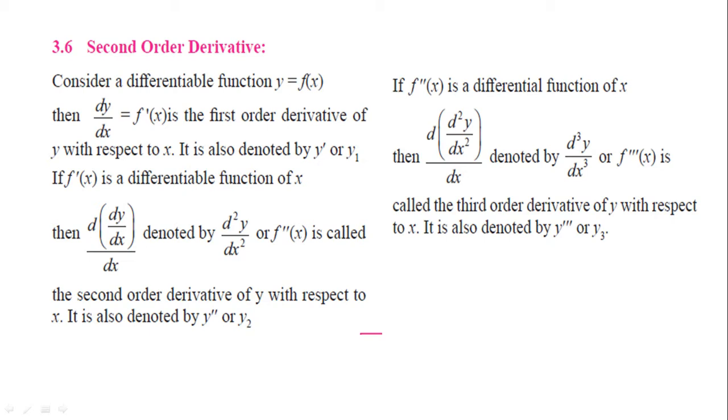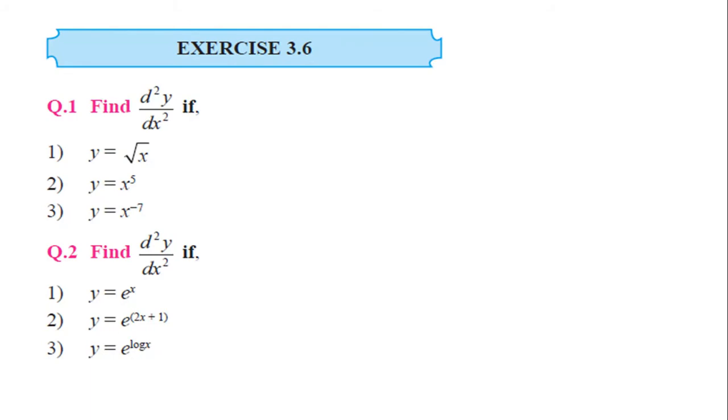That is the symbol used for second order derivative, or you can write f double dash of x, or it is also denoted as y double dash or y2. So today we will solve the exercise number 3.6 related to this second order derivative.